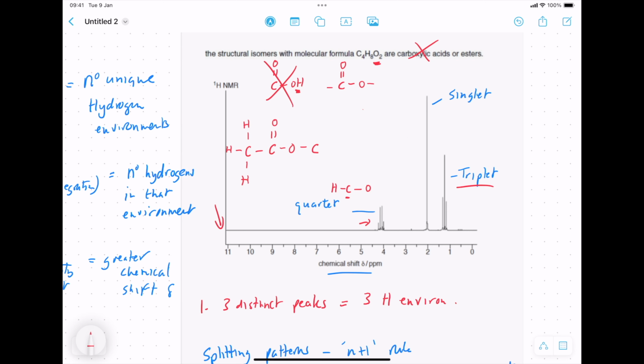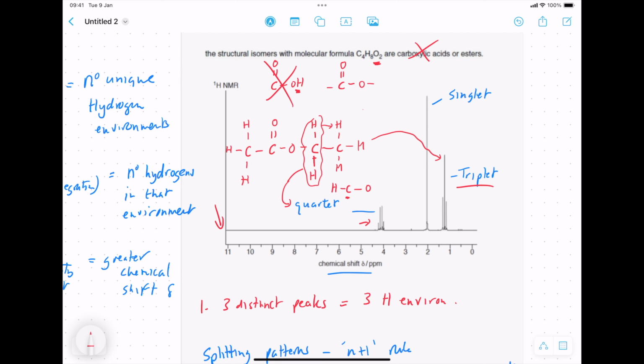So therefore this carbon there must be a CH2, which is bonded to a CH3. Because if I just circle that, the immediate environment is a carbon with 3 hydrogens, so 3 plus 1 is 4. So that would make that a quartet, which is that there. And then the CH3 next to the CH2 would be a triplet, which would be that one there.